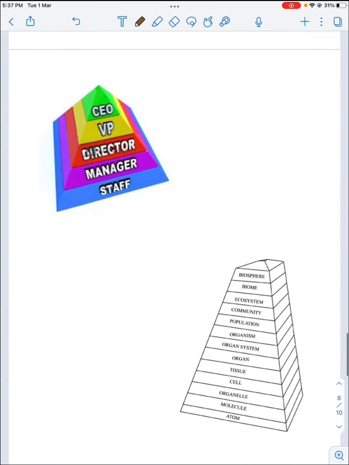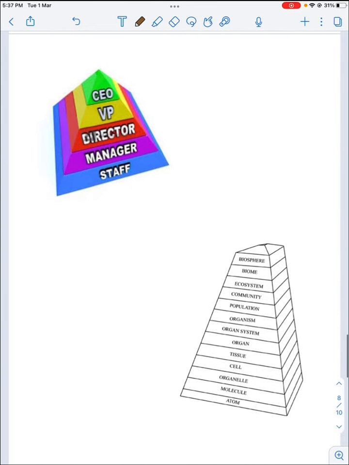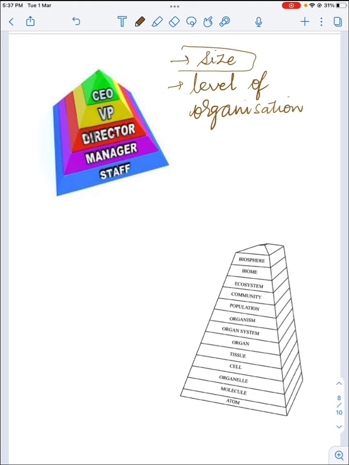The second point which I would like to discuss under the heading sensitivity is that, irrespective of the size and the level of organization, all living organisms exhibit sensitivity. You know that living organisms have varied sizes.